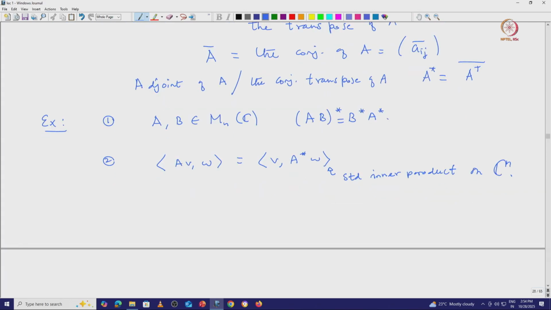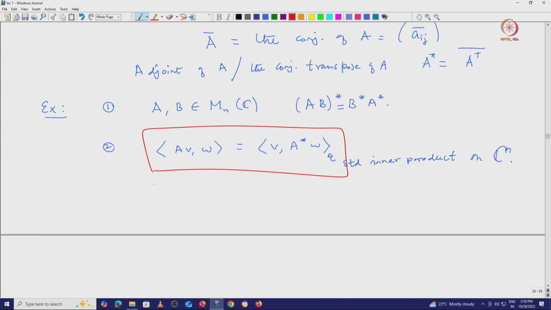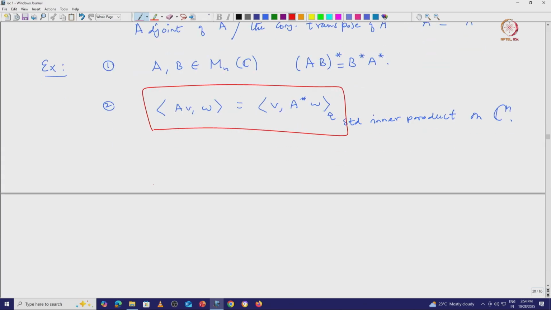One can take this as the definition, but anyway it is easy to verify.